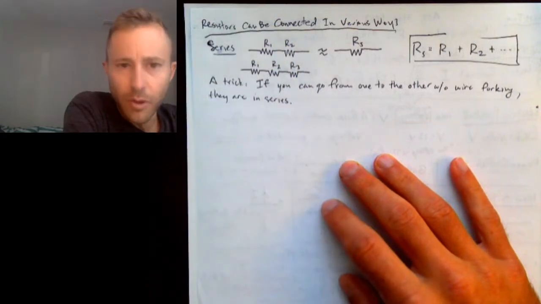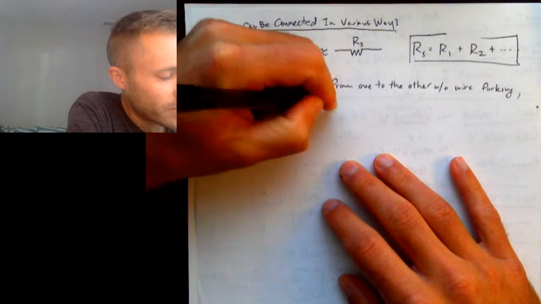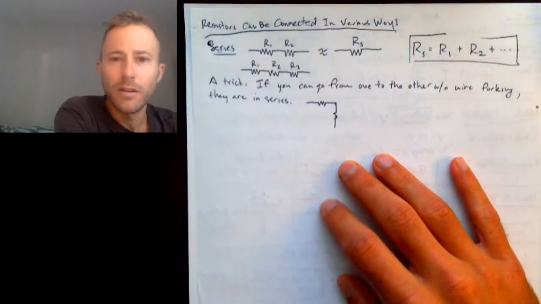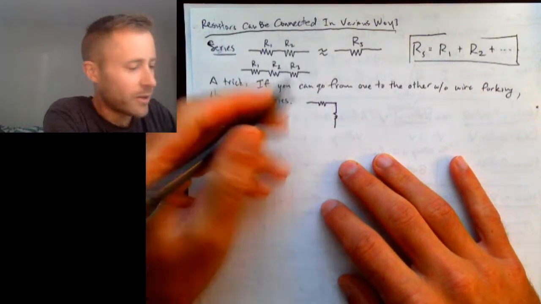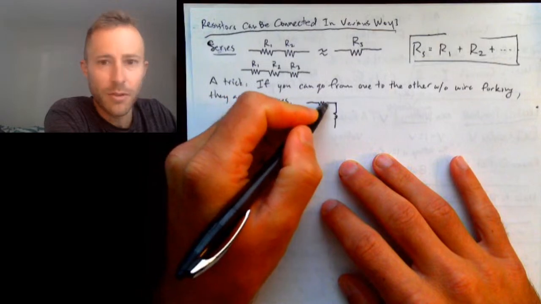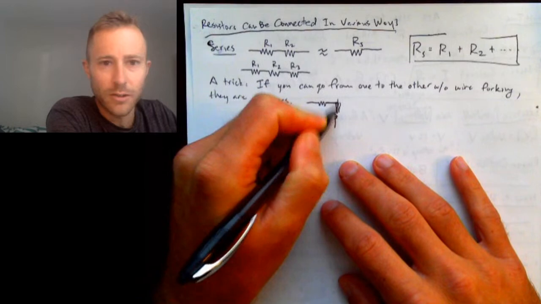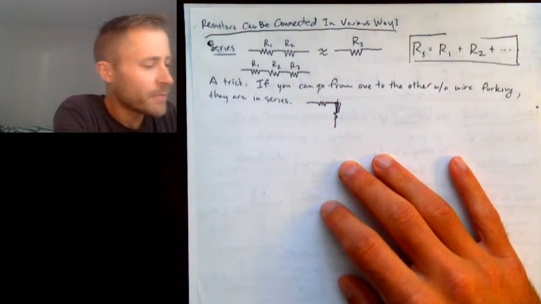Okay? So for example, what if I had two resistors that were connected like this? All right? These two resistors are in series because I could go from this resistor to that by following along this path right here. And the wire doesn't fork. It doesn't branch off along that path, okay?